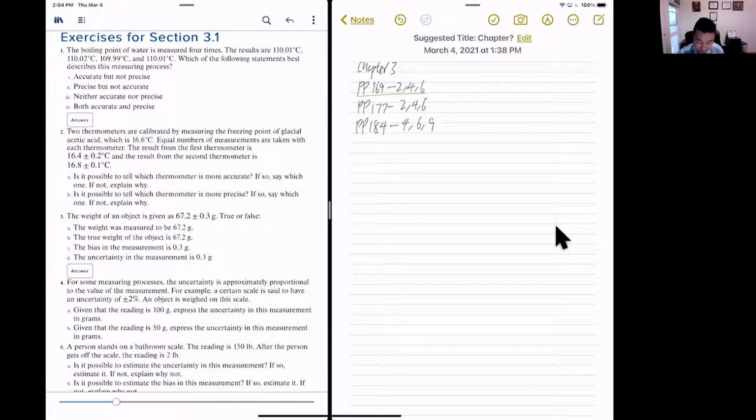In chapter 3, we talk about 2 similar things. One is precision, another one is accuracy.